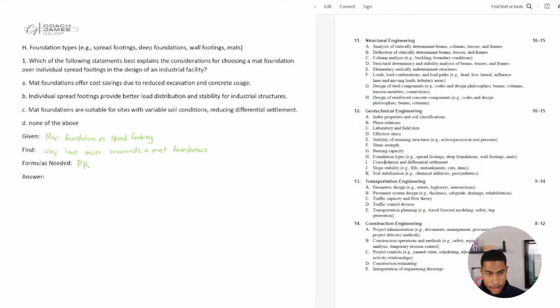Okay. So based on that information about mat foundations, let's look at these answers. Those are some of the advantages of a mat foundation. So, mat foundations offer cost savings due to reduced excavation and concrete usage. Not necessarily.